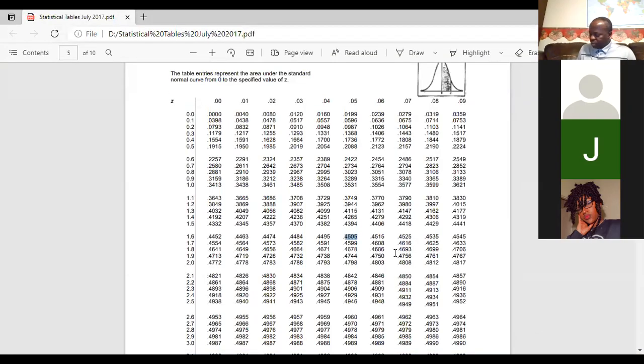We have 2.4 here. You go under 6. So that's 2.46 right there. We have 2.4 under 6: 0.4931.